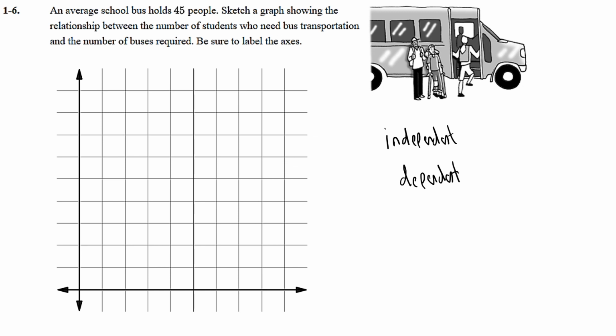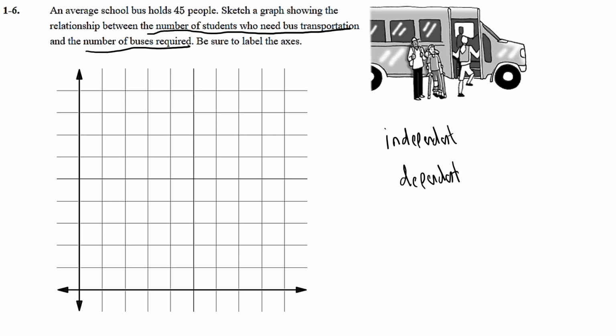So our values are the number of students who need bus transportation and the number of buses required. So does the number of students determine how many buses are needed or vice versa? I'm pretty certain how many students I need to transport will determine how many buses I need.